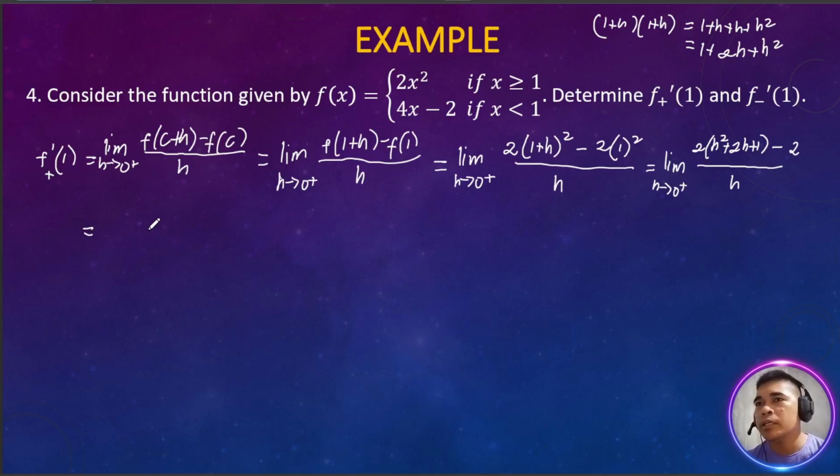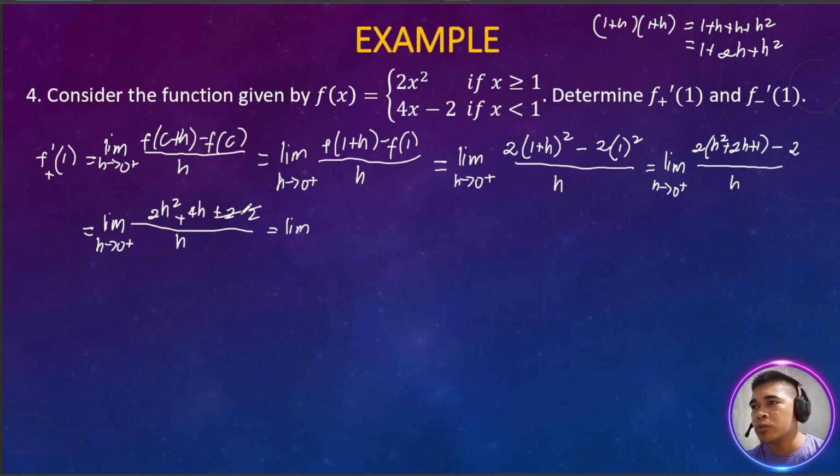Proceed. We got the limit of 2h squared plus 4h plus 2 minus 2 all over h as h approaches 0 from the right, which equals the limit. So we have 2 minus 2, so remaining is 2h squared plus 4h over h as h approaches 0 from the right.